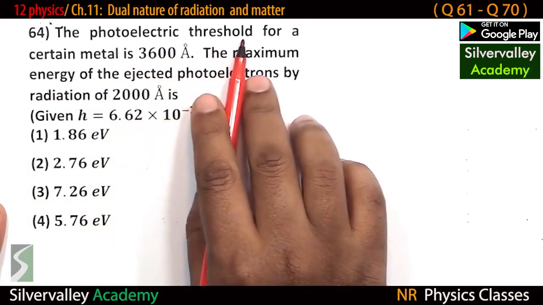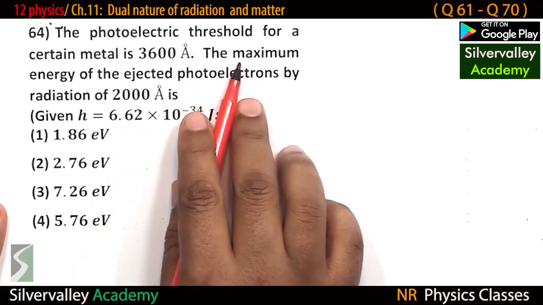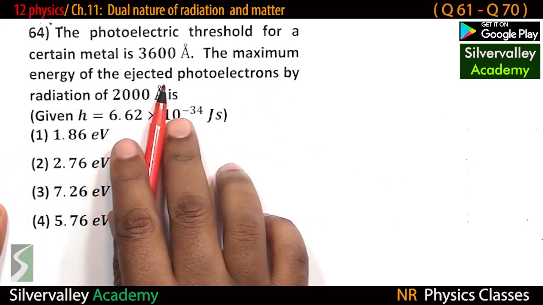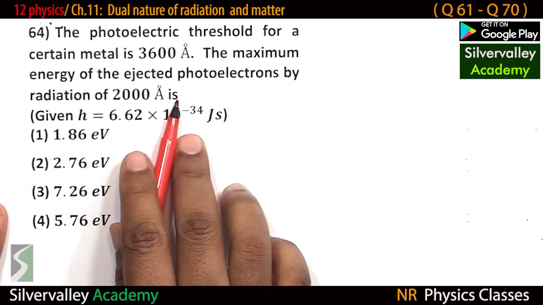The photoelectric threshold for a certain metal is 3600 angstrom. The maximum energy of ejected photoelectrons by radiation 2000 angstrom is?